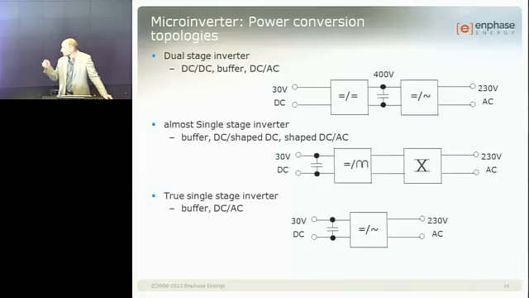The second one, I can get 96, 97% on the first stage, and the second stage is really 4 switches running at 60 hertz. It's super easy to do that. And the losses are extremely small because there's no real switching losses there. So we get 96, 97% on the first one and over 99 on the second one. And because of that, it's actually a superior solution.